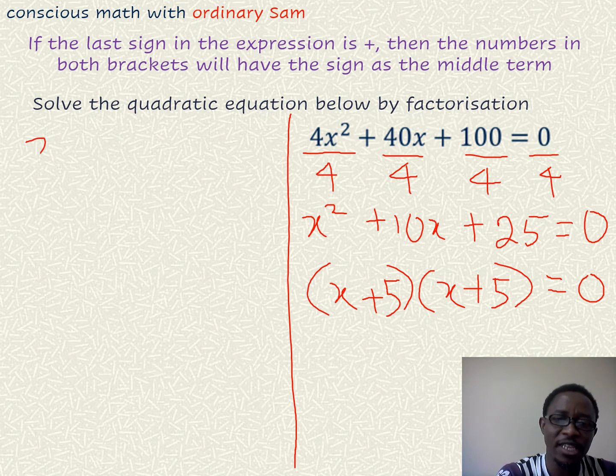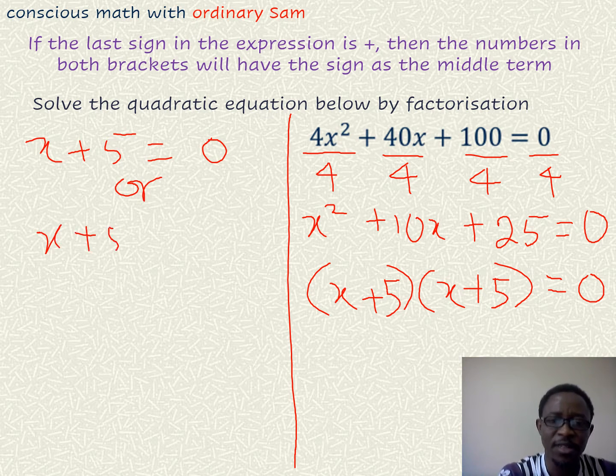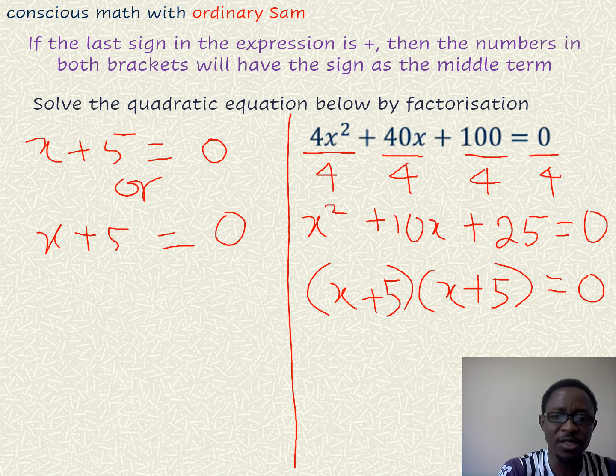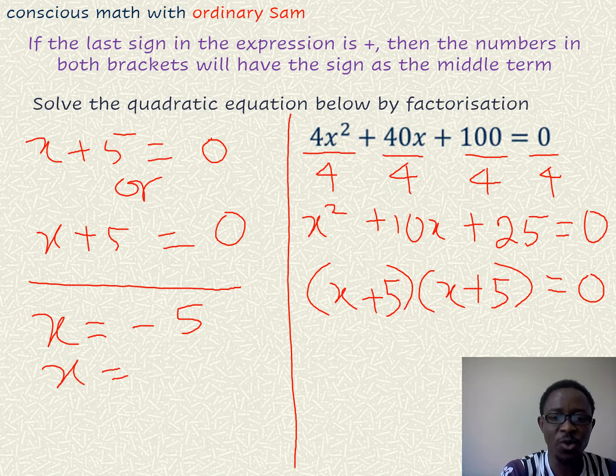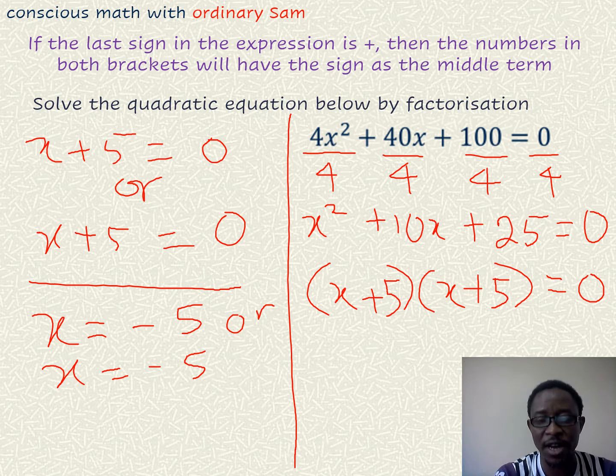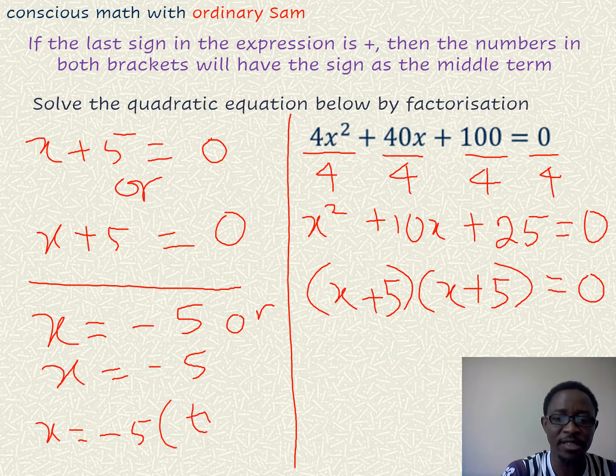So that means x plus 5, the first one, is 0, or the second one, x plus 5, is 0. Therefore, making x the subject, we can easily find out that the first x is equal to minus 5, and the second x is also equal to minus 5. So the answer is x is equal to minus 5, or x is equal to minus 5. You may choose to write it as x is equal to minus 5 twice.